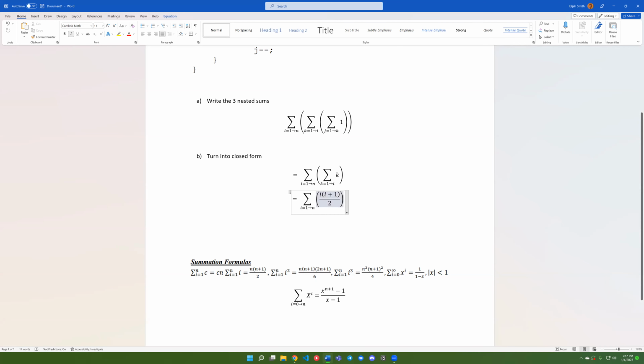I'm going to take the 2 out and make it a 1/2 in front. Since this is a constant divided by 2, we're going to multiply it out front. Sum i equals 1 to n, and this becomes i squared plus i.